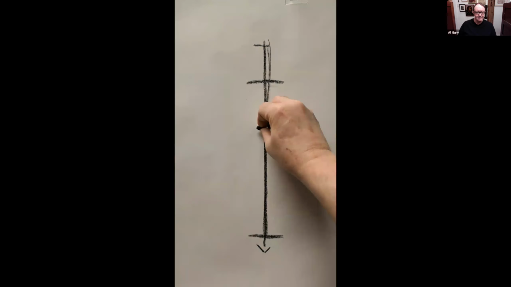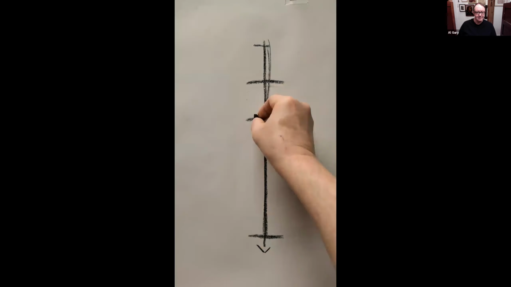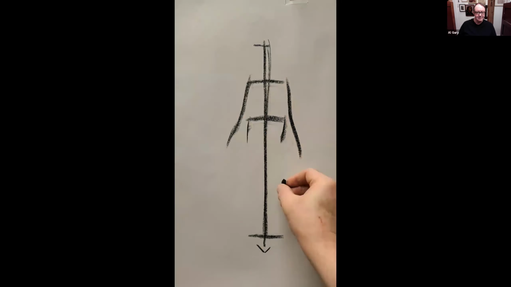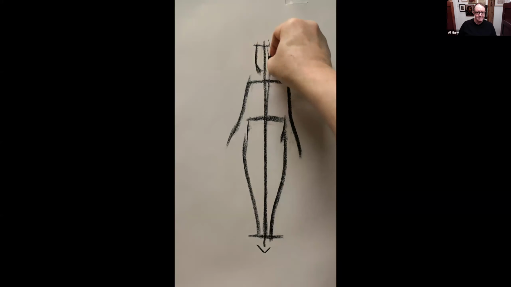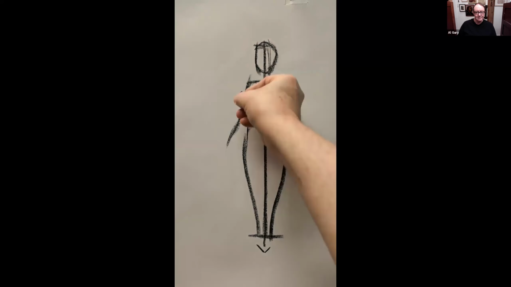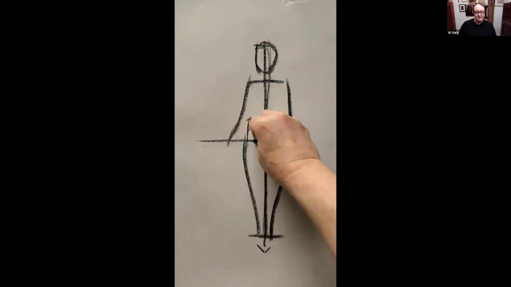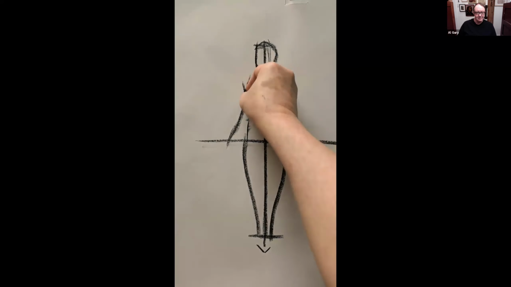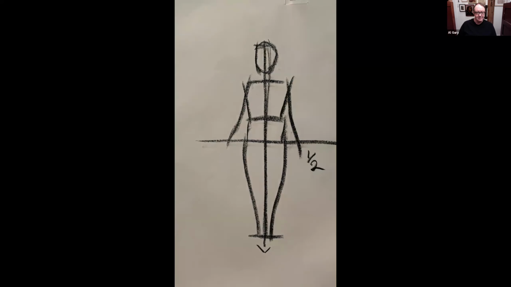And we've talked about laying out the forms of the figure along this structure, which helps us get our proportions, our halfway point, all the important elements that we need in the overall structure of the figure.